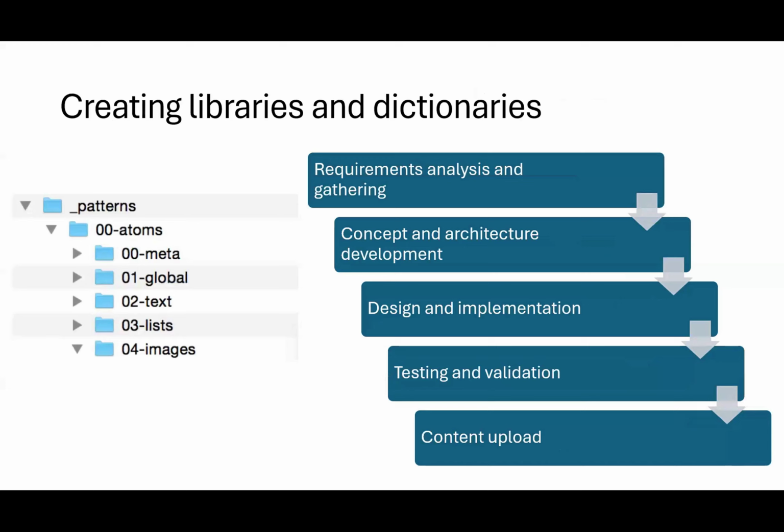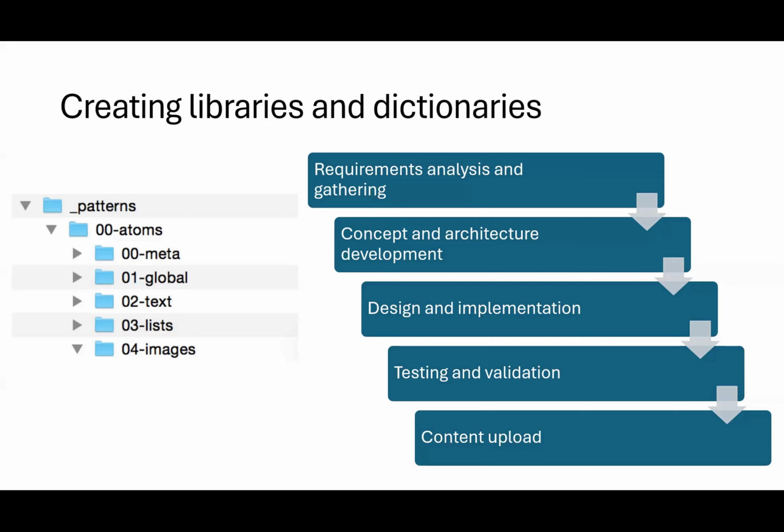The creation of the pattern libraries and dictionaries involves a set of procedures for organizing the generation, storage and future use of information elements that make up this corporate ontology.